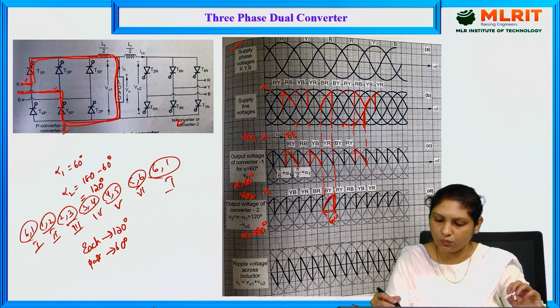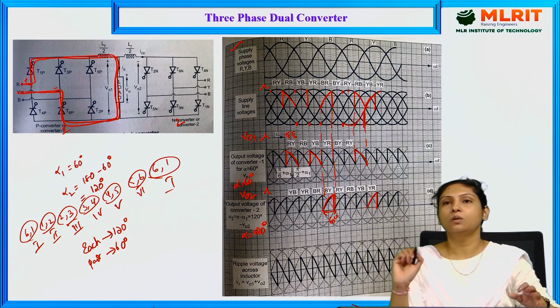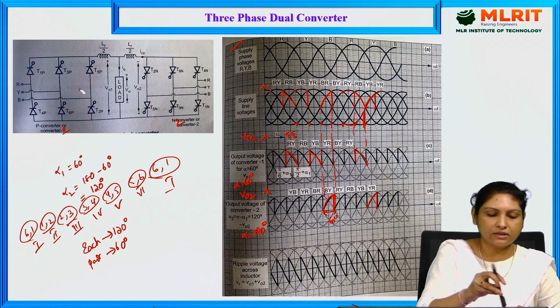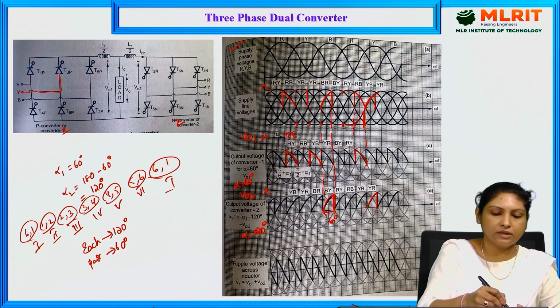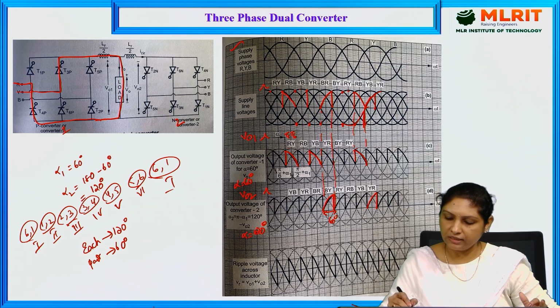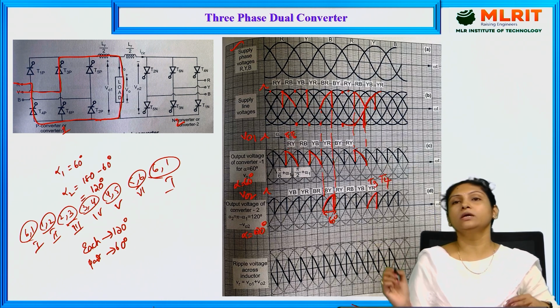So this is YR. During YR phase, which two devices are conducting? See, here Y is connected to T3 of the load and R phase to T4. So here T3 and T4 will be conducting.